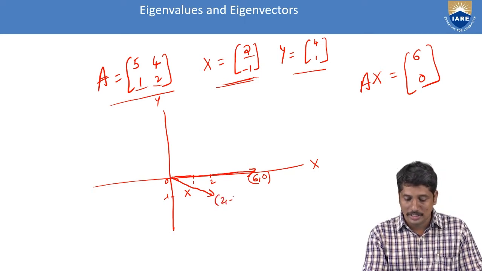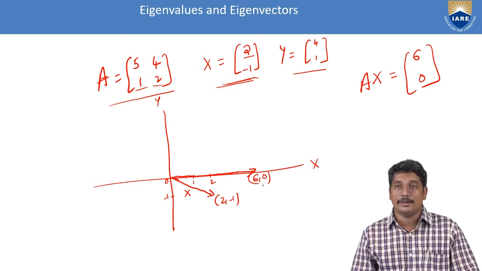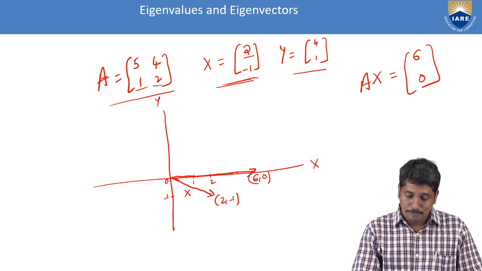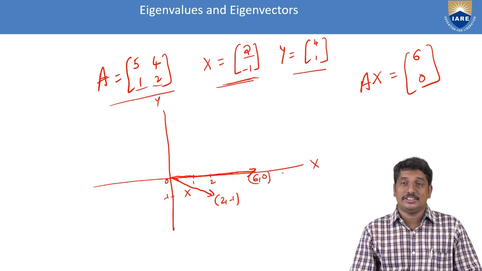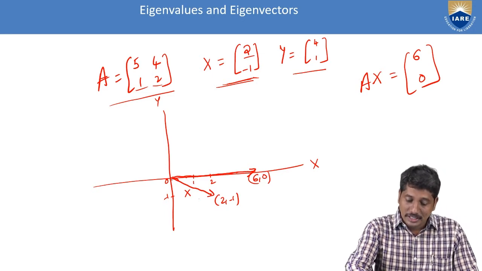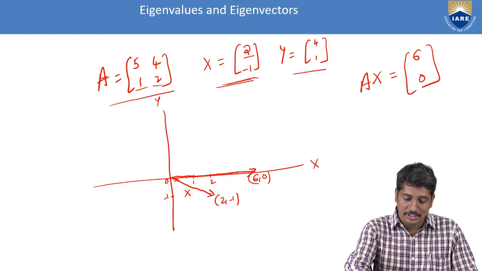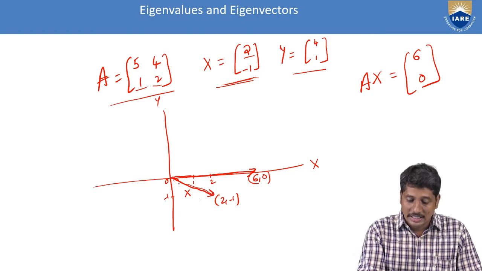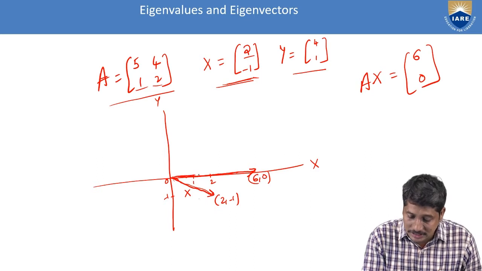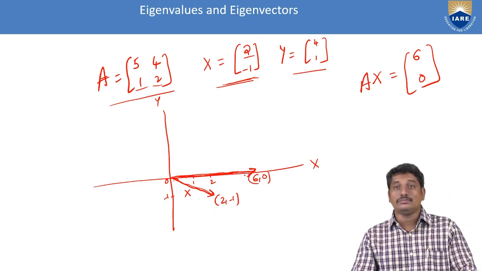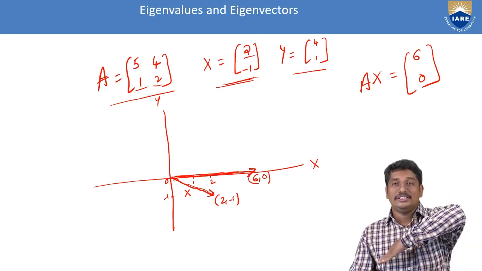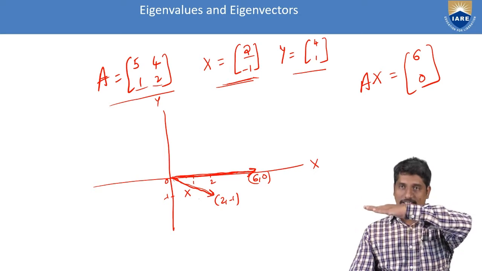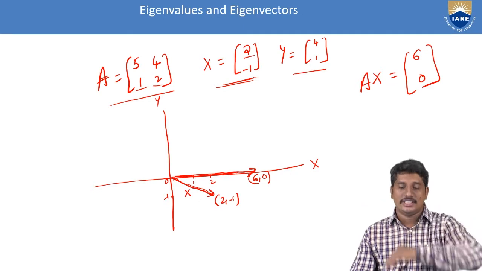This is 2, minus 1, this is 6, 0. That means here we are observing that the vector has changed its direction. Initially it is going in this direction, but after multiplication with A, it has changed its direction to the x-axis. So it has changed its direction.